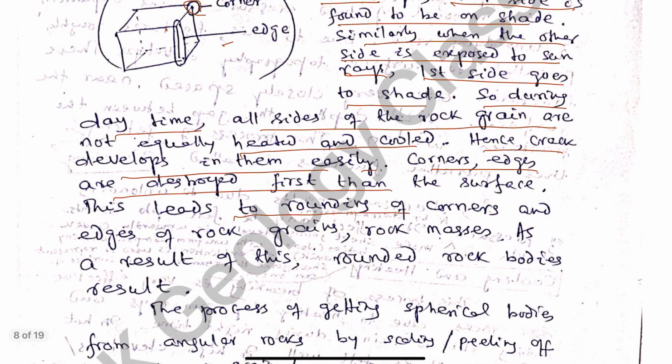This leads to the rounding of the corners and edges of the rock grains, and the rock masses become more or less rounded. As a result, rounded rock bodies result.